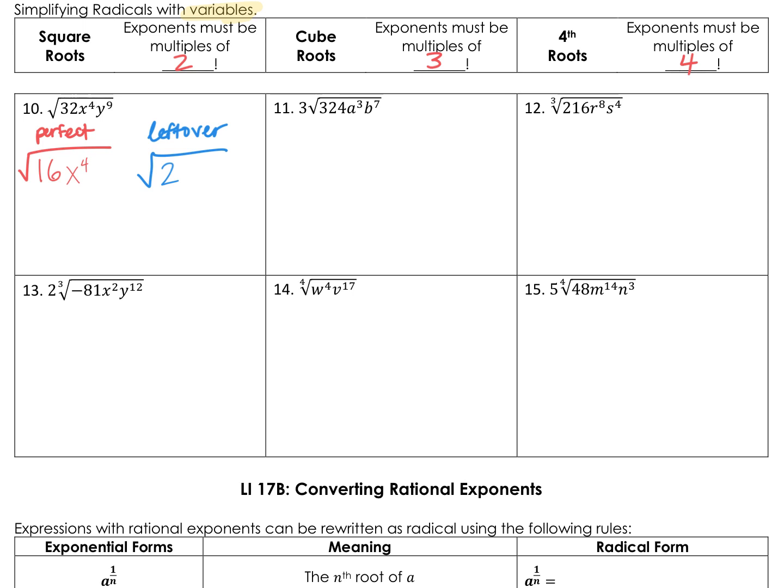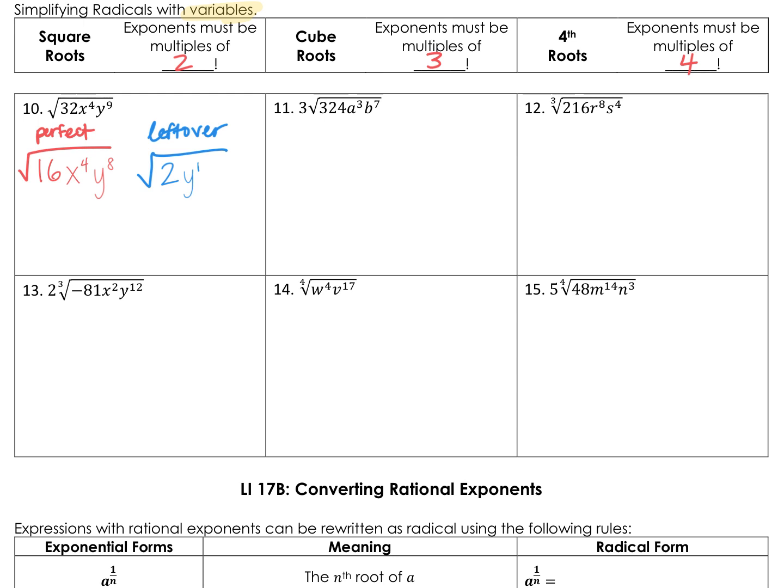Okay, watch what I do, please. I think you're going to catch on. Y to the 8th is a perfect square because 8 divides by 2. How many would be left over? 1. Because I had y to the 9th, I'm splitting it up. 8 of them would make a perfect square with 1 left over.